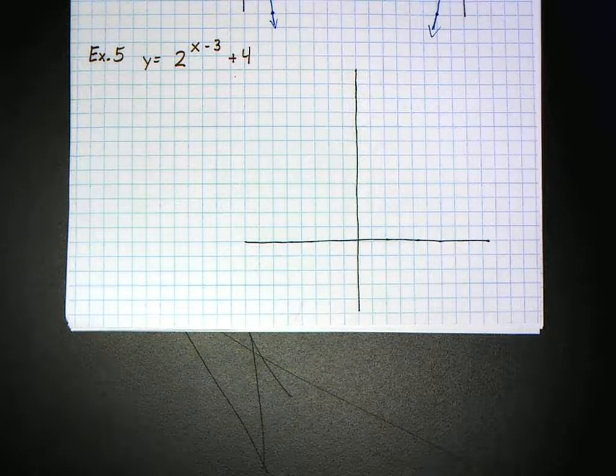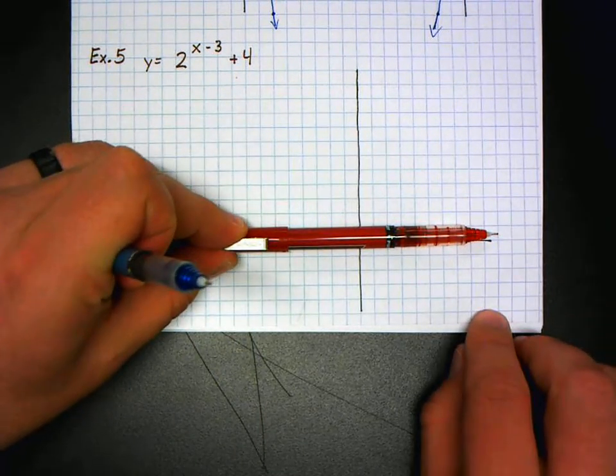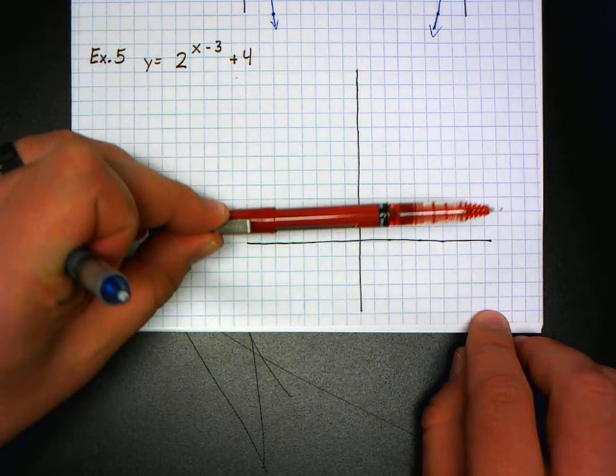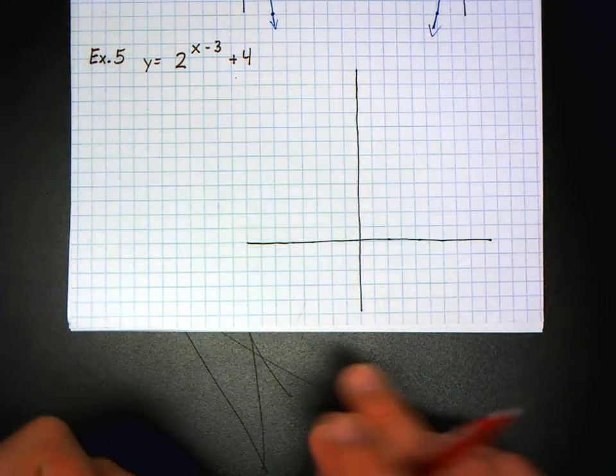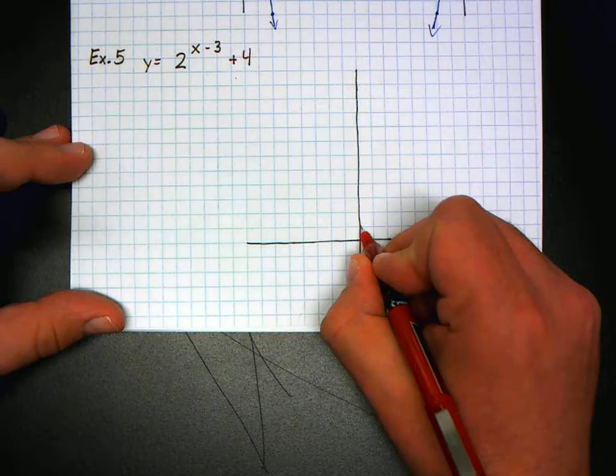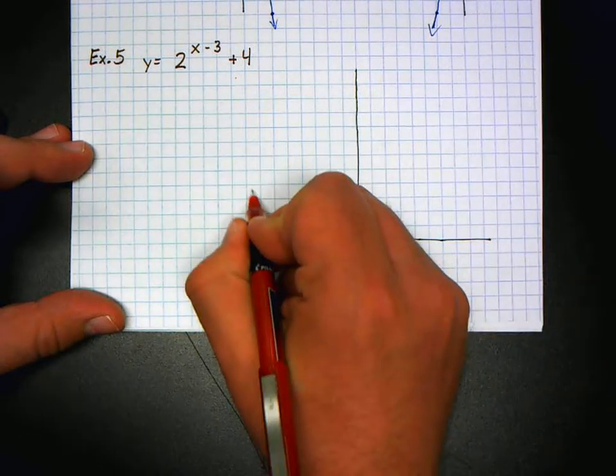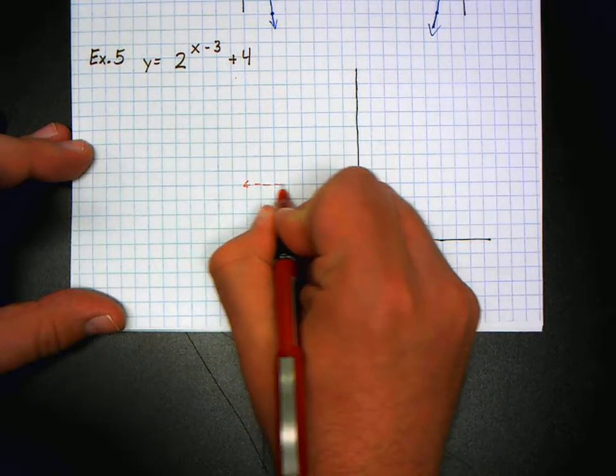My asymptote was at 0. K takes everything on my graph and shifts it up 4. That includes the asymptote. So if my asymptote was right here at 0, that means I have to shift my asymptote up 4 units also. So 1, 2, 3, 4. So here's my asymptote now.